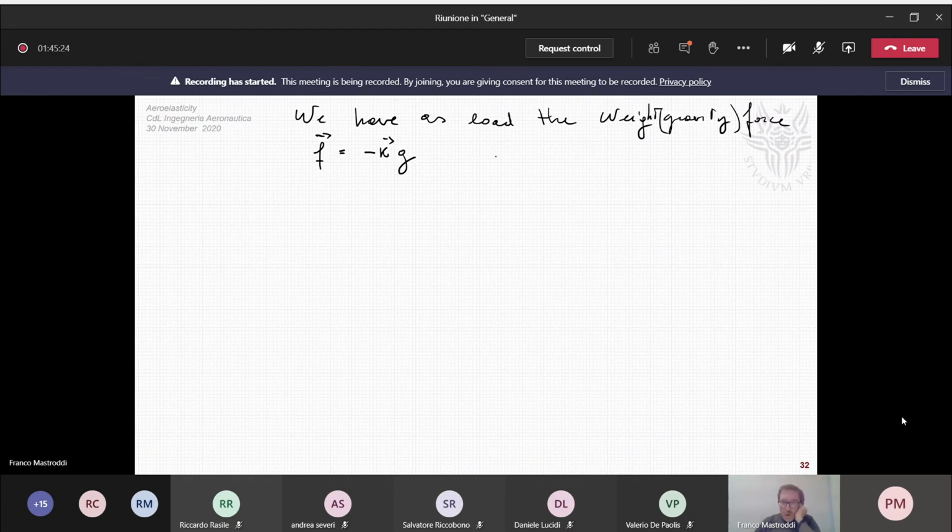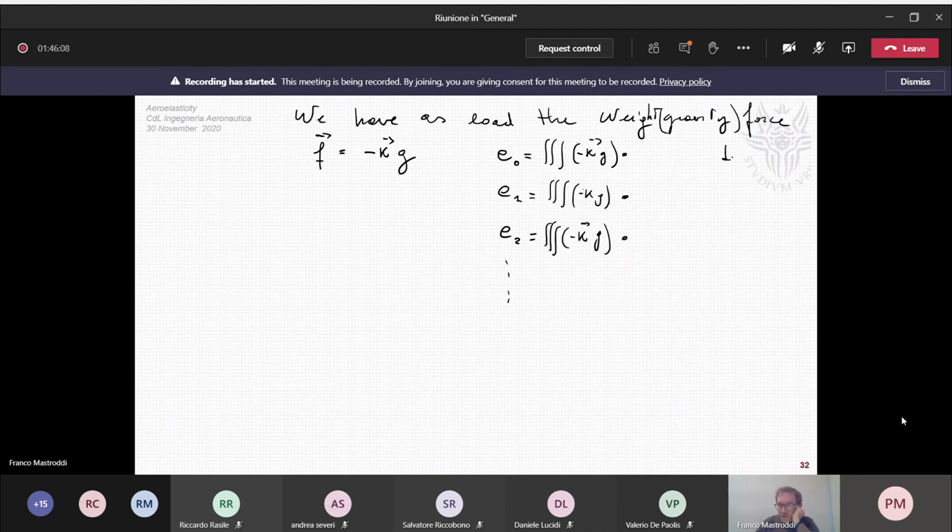When you want to obtain the generalized force corresponding to this, for example, the first generalized force is E0, and the second generalized force E1, the third generalized force E2, and the others, you have to take the integral on the body of your actual weight, which is minus kg, projected to the first mode shape, and here the same projected to the second one, the third, and here the E2 is equal to minus kg projected to the third one. But look at this mode shape. The first mode shape is a constant.